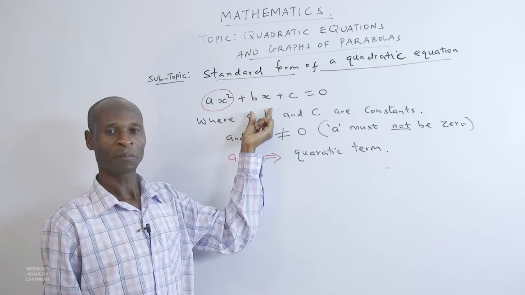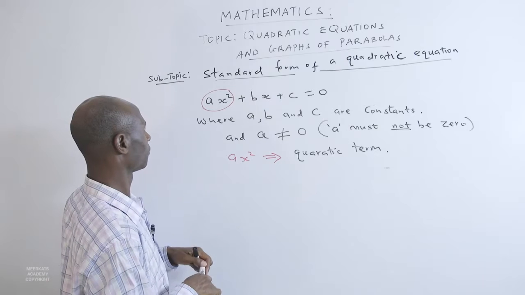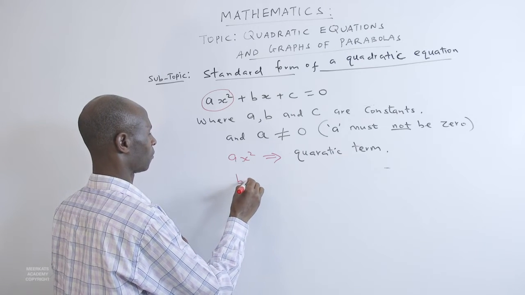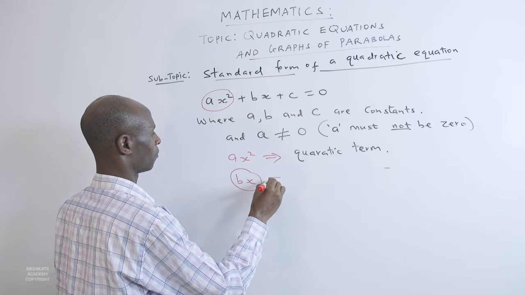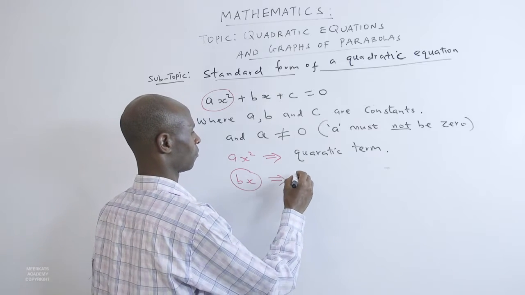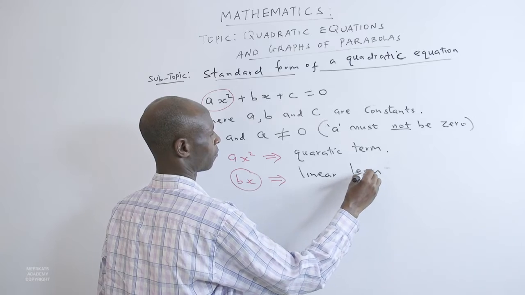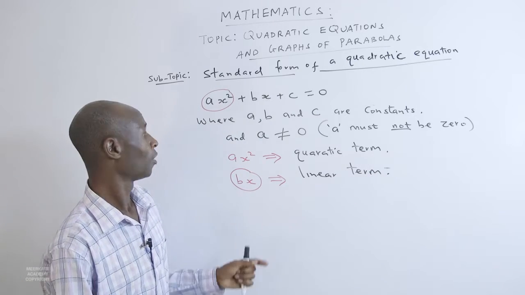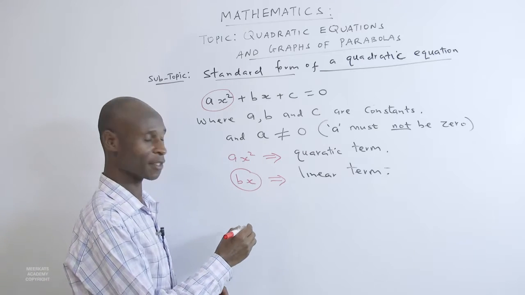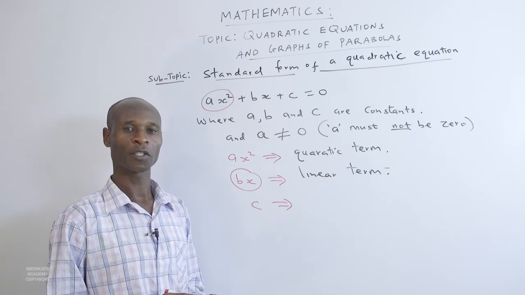Then the second term is called the linear term, while the third term, C in our case, stands for the constant term.